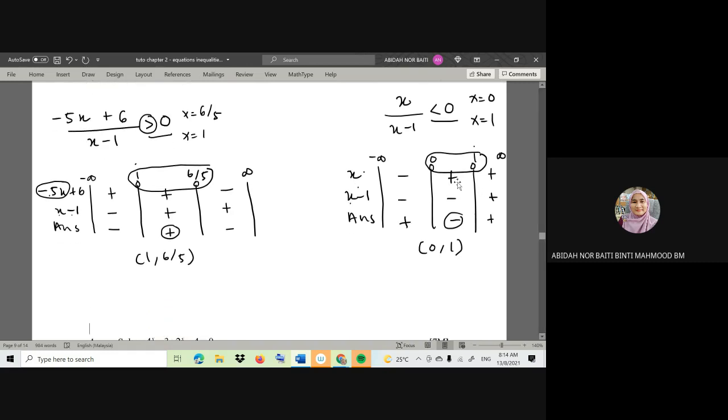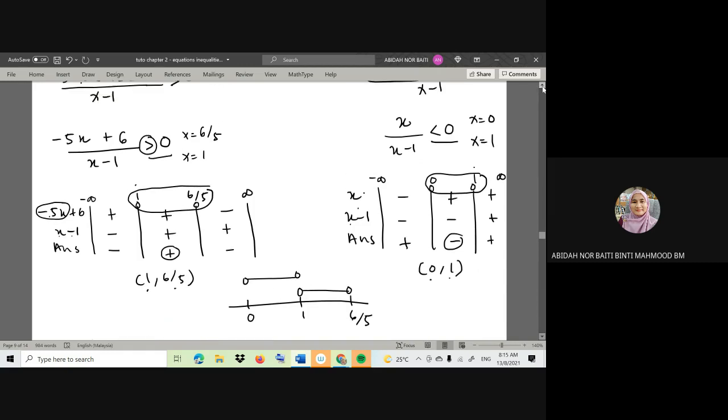Okay, here we have two answers. To combine these two answers, we use what? Number line. Yes, we use a number line. We start from 0, 1, and 6 over 5. This is from 1 to 6 over 5, round bracket, so we use an empty circle. This is from 0 to 1, we use an empty circle because of the round bracket.